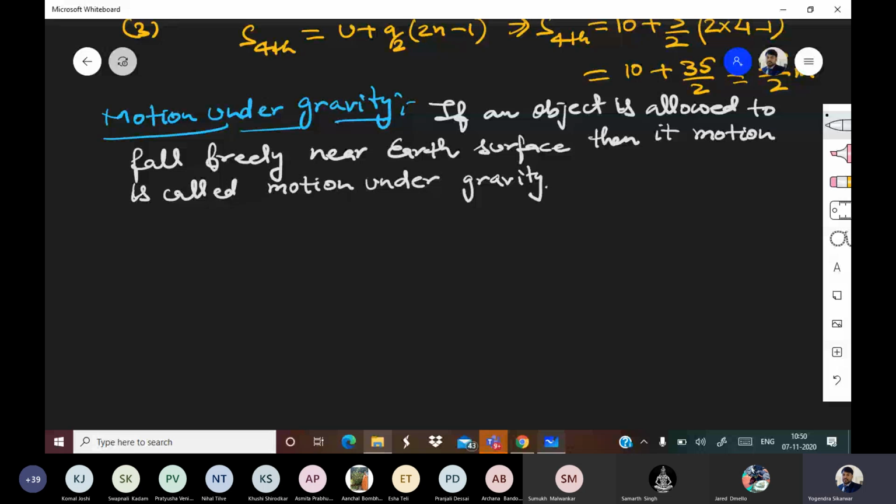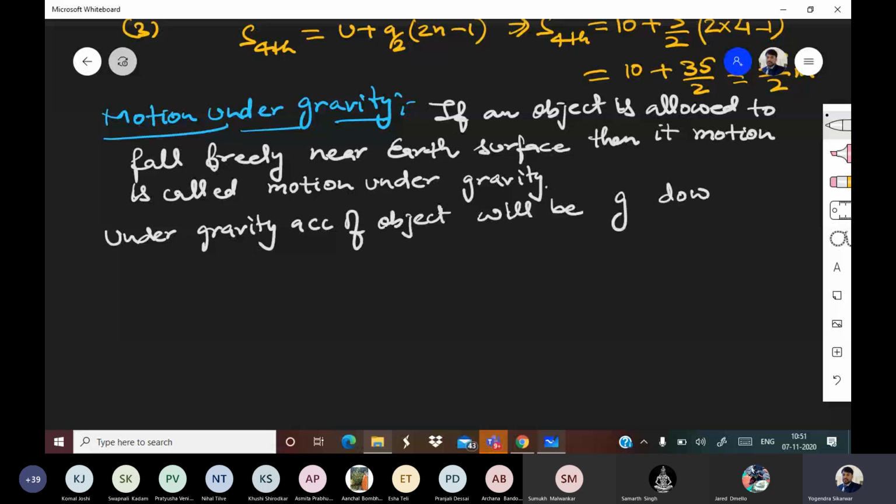If it is strictly under gravity, then acceleration of object will be g. So under gravity, acceleration of object will be g downward.